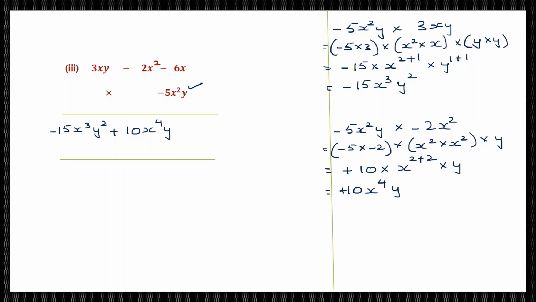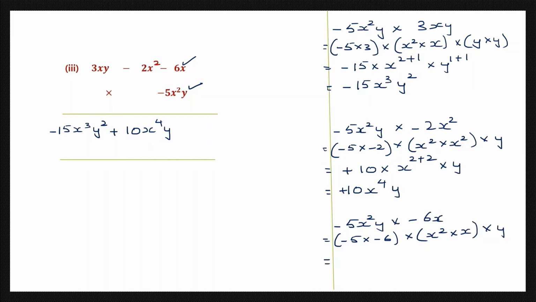Now let's take minus 5x squared y and minus 6x. So let's do that. Minus 5x squared y into minus 6x. So that will be minus 5 into minus 6 first, then x squared into x, and we only have 1 y.